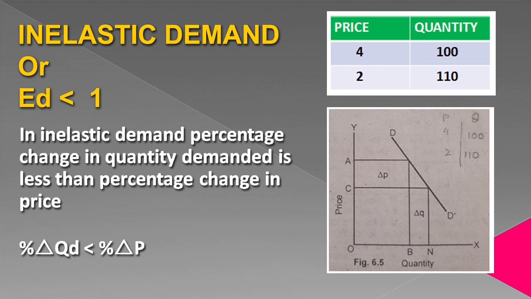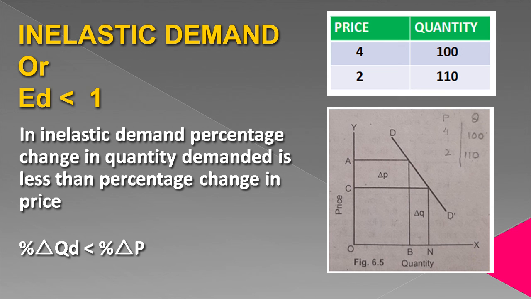Elasticity less than 1 or inelastic demand. In inelastic demand, percentage change in quantity demanded is less than percentage change in price. Here in a table you can see price is 4, quantity demanded is 100. Price decreases to 2. There is a change of 50% in price. Quantity demanded increases, but increase in quantity demanded is less than 50%.